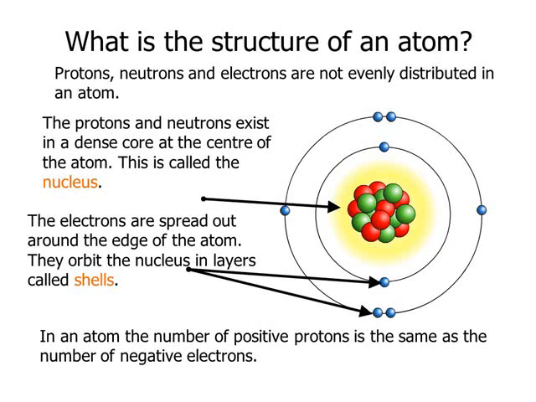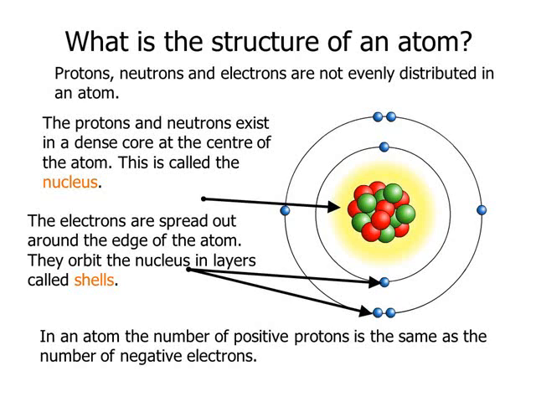The protons and neutrons exist in a dense core at the center of the atom, and this is called the nucleus. As I told you, in the center part you have green colored and red colored particles, and together this center part is called the nucleus, and it consists of protons which have positive charge and neutrons which have no charge.